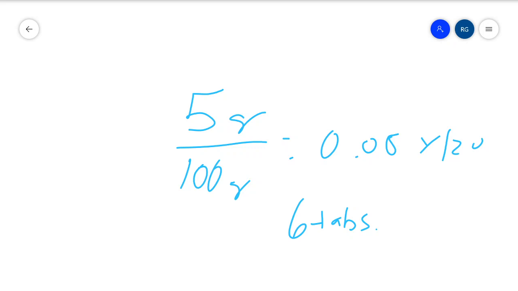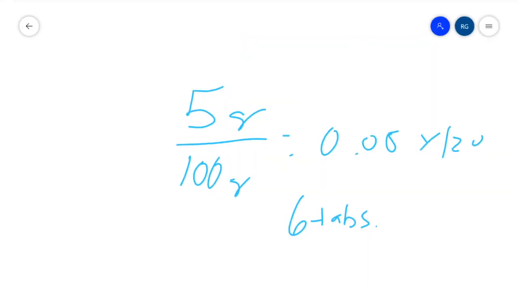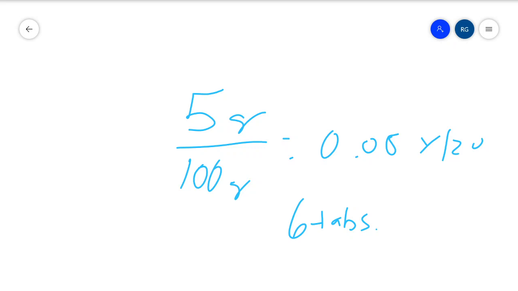Just 1 second. All right, we're back here. Actually, that's equal to 6 grams. That's going to equal 6 grams.